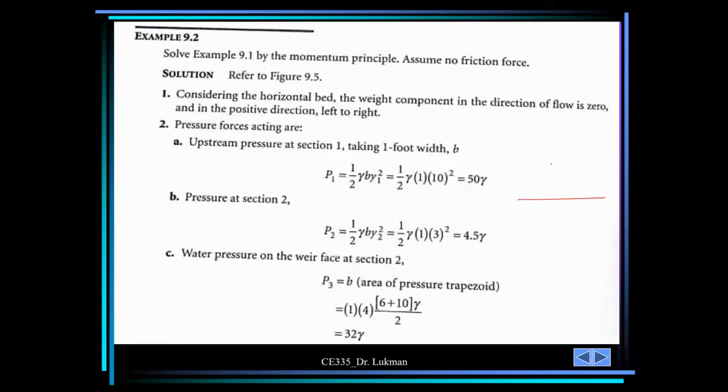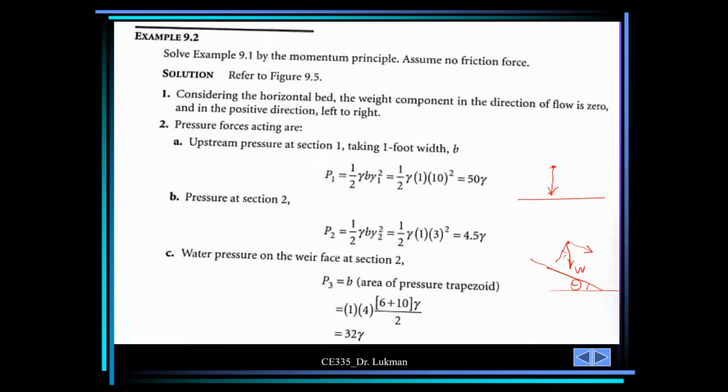So the bed is horizontal, so the weight will only have the vertical component. If the bed were inclined, that is when the weight component, the vertical component W, would have a component in the direction of flow.